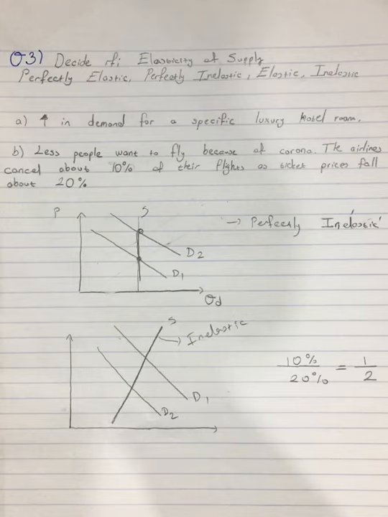First, think about the meaning of the elasticity of supply. Elasticity of supply measures the reaction of suppliers to a price change. So if there is a price change and suppliers increase their supply, that means they are reacting to this price change.